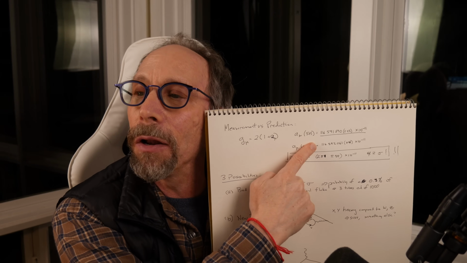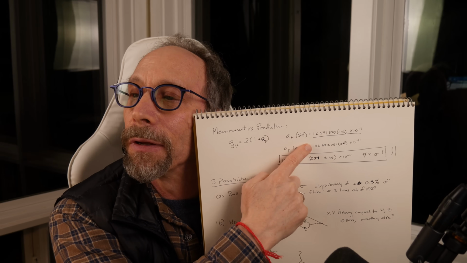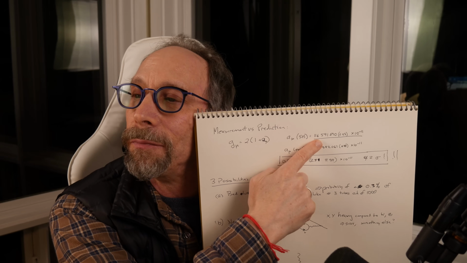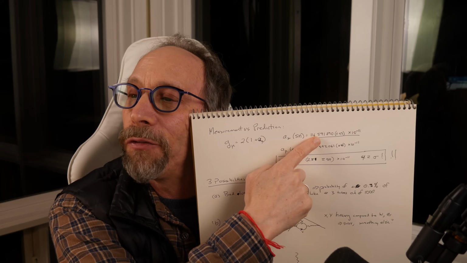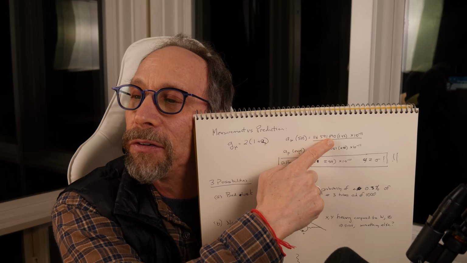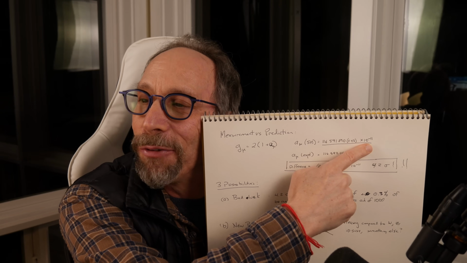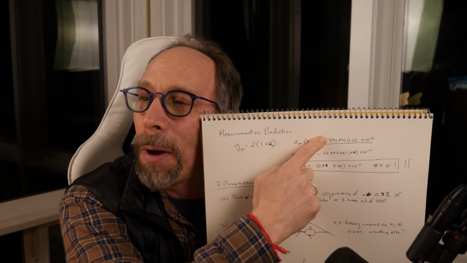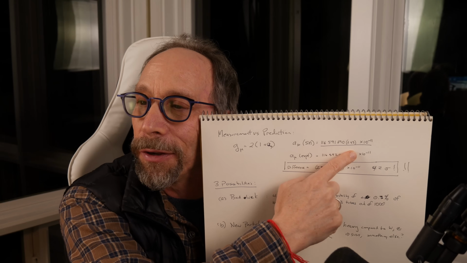Theoretically, in the standard model, we predict a to be a number which is basically 116,591,810 plus or minus 43 times 10 to the minus 11th, or about 1 part in 1,000. But all these numbers here are significant.